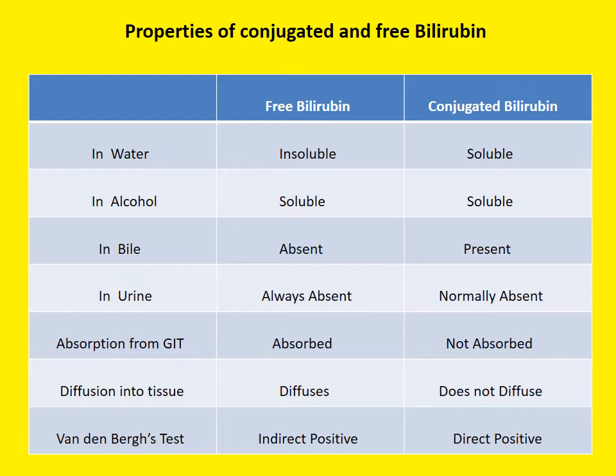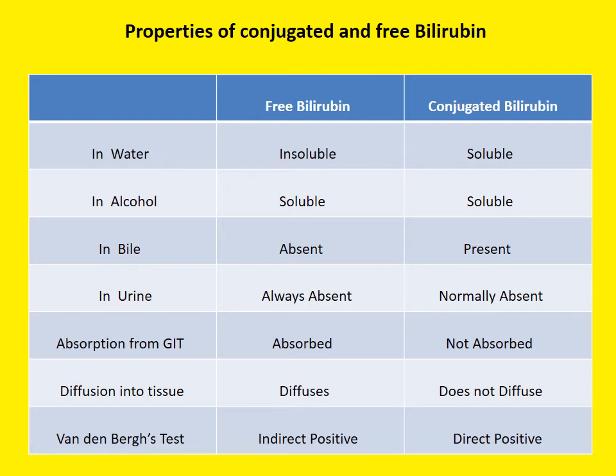Free bilirubin, in water it is insoluble. Conjugated bilirubin is soluble. In alcohol, free bilirubin is soluble, conjugated bilirubin is soluble. In bile, free bilirubin is absent, conjugated bilirubin is present. In urine, free bilirubin is always absent, conjugated bilirubin is normally absent.